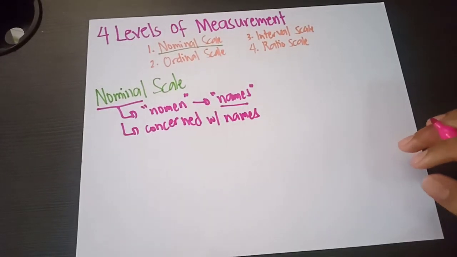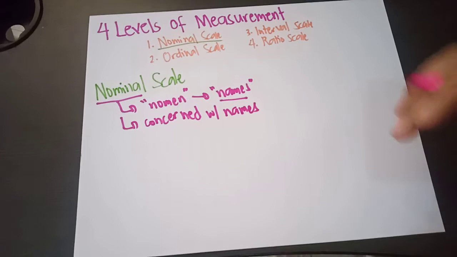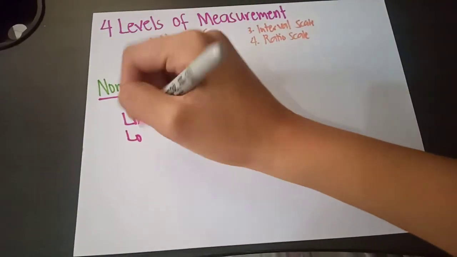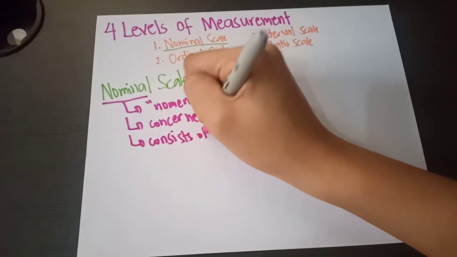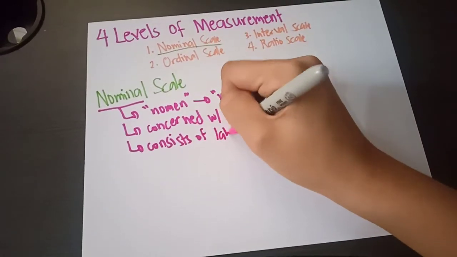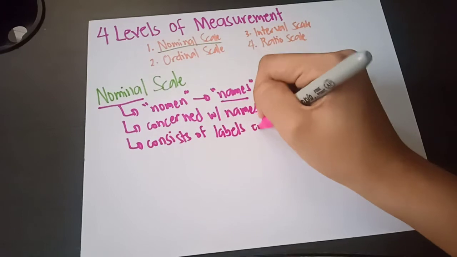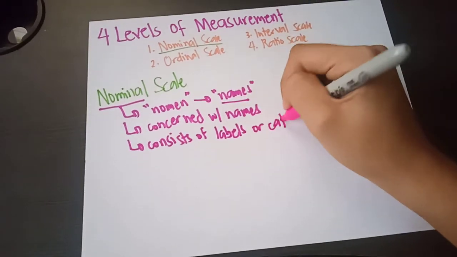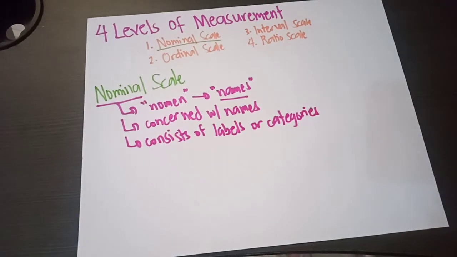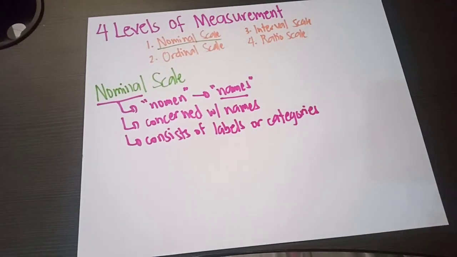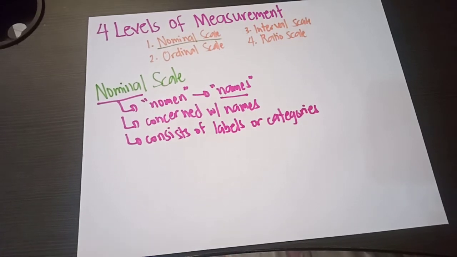And this nominal scale actually consists of labels or categories. So what do we mean by that? Let us have this example. Let's say we have the variable rock.